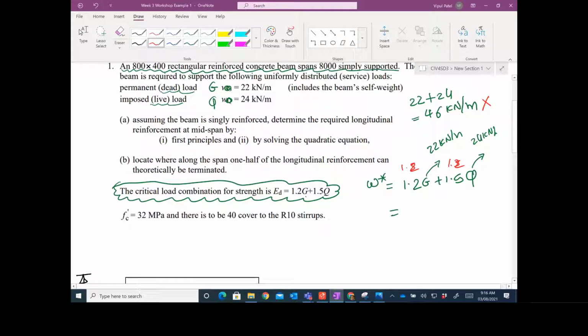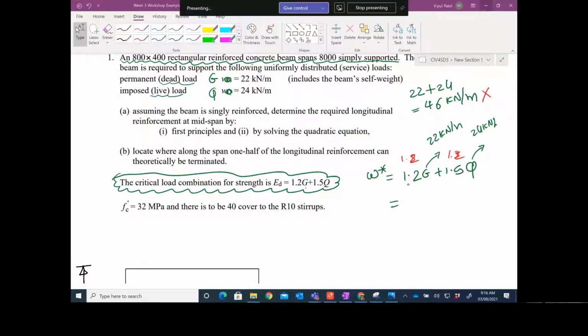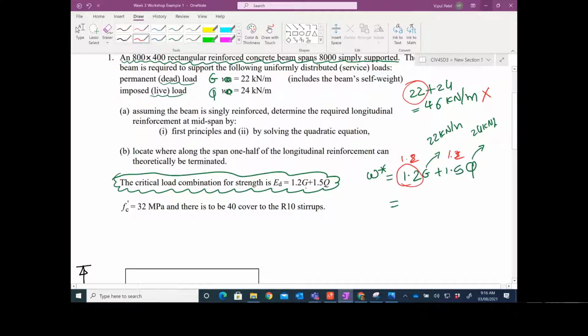I just want to talk with you while we are studying as well. So there is an uncertainty in our loading, like someone might do some repair work during the service life of the structure. So the standard says that whatever your calculated dead load, you multiply by 1.2, you put 20% extra. Live load, you put 50% extra, because live load is very uncertain.